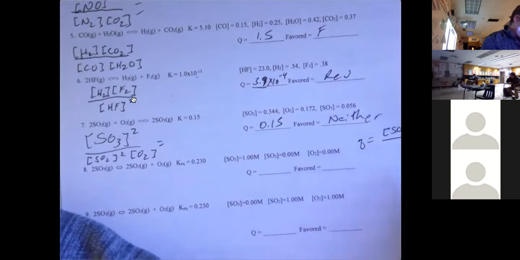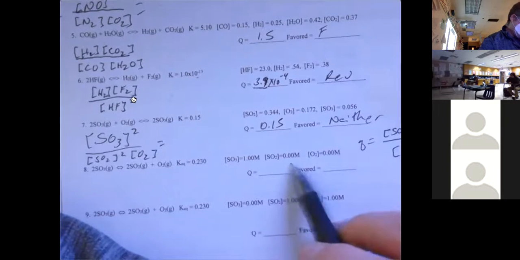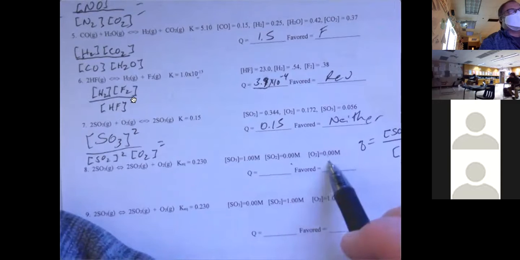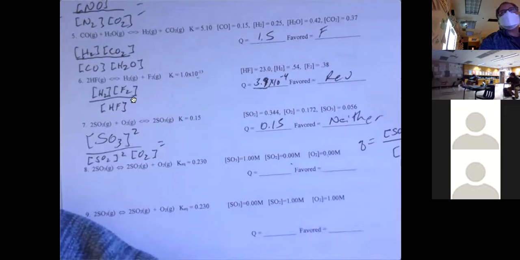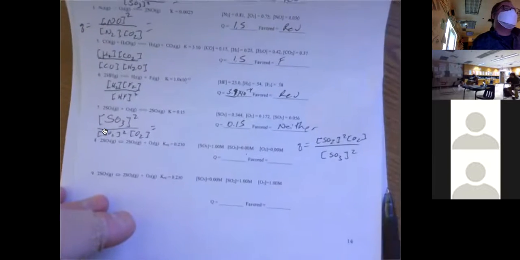Do we have 0.230 products currently? No, because we have 0 products, right? So what does that mean? One reaction is going to be favored. Which reaction? Forward or reverse? Forward. Thank you.